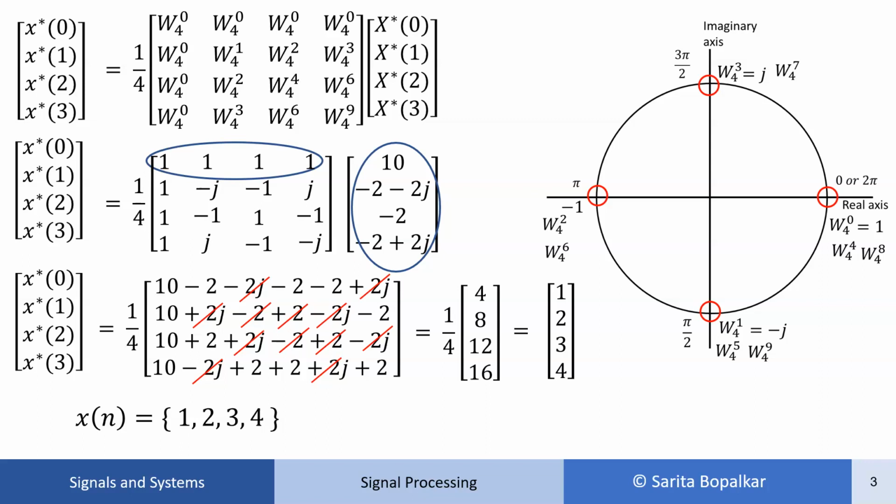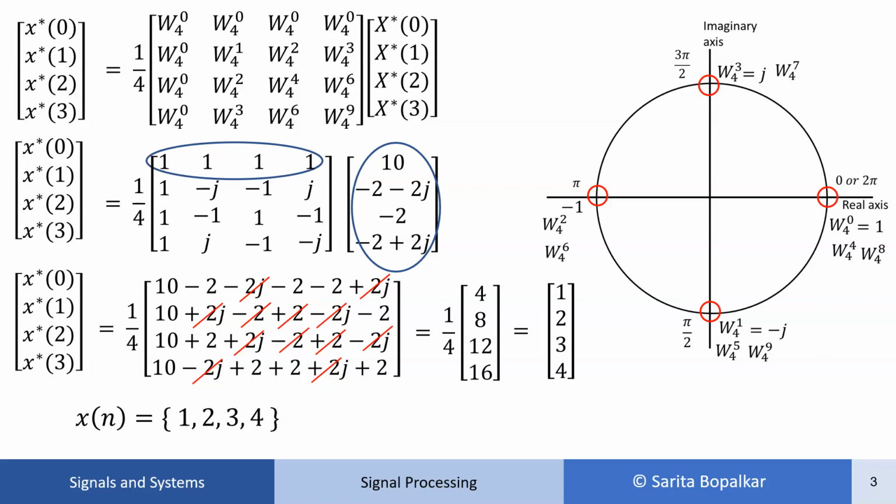First thing, to find the inverse DFT, we are preparing the same twiddle factor matrix which we are using for DFT. If we want to use the same twiddle factor matrix for DFT and inverse DFT, what we have to do is, instead of x of n, we write x star of n, and instead of x of k, we write x star of k.